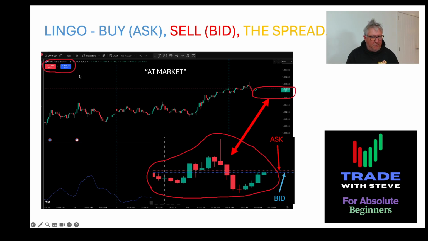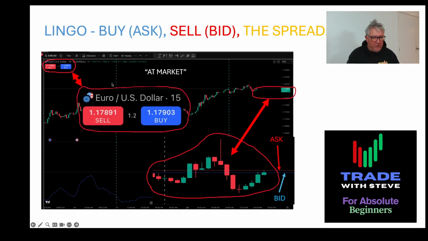Now, if you see up here on the left-hand side of the chart, we've got a sell and a buy button, and we've got a little number in the middle. I'll just blow that up for you. This little number in the middle, 1.2, is known as the spread, okay? And the spread is the difference between the ask price and the bid price.